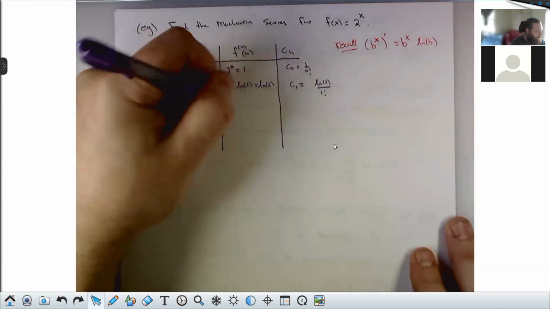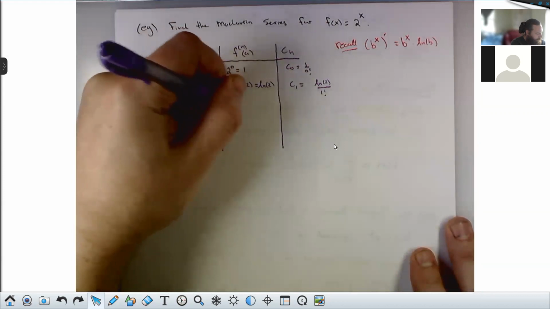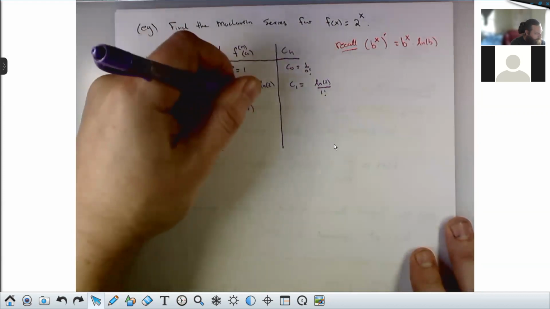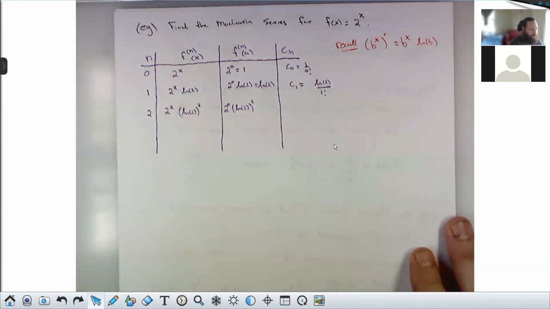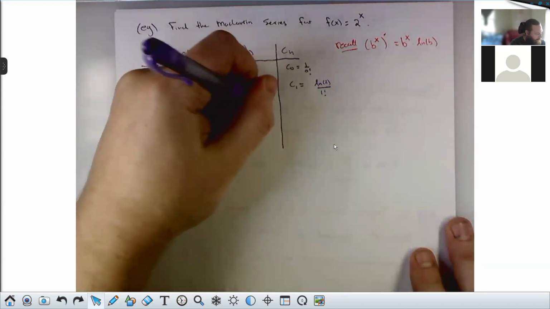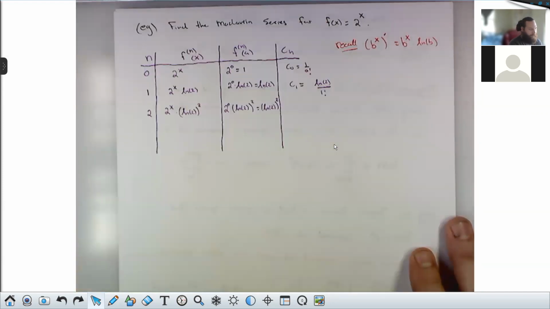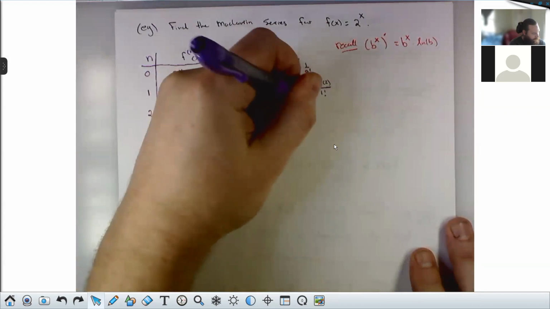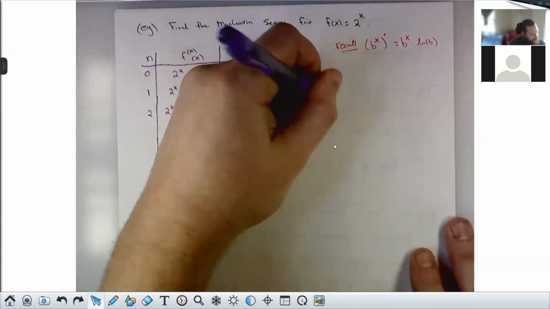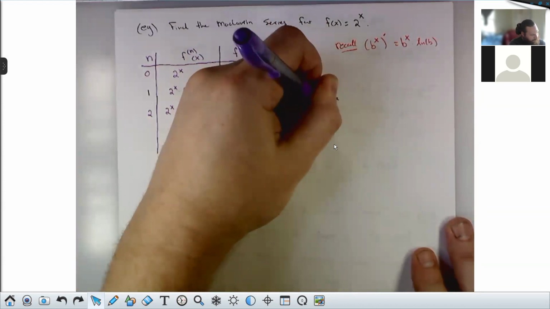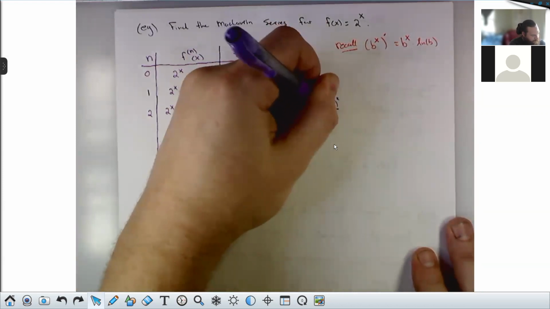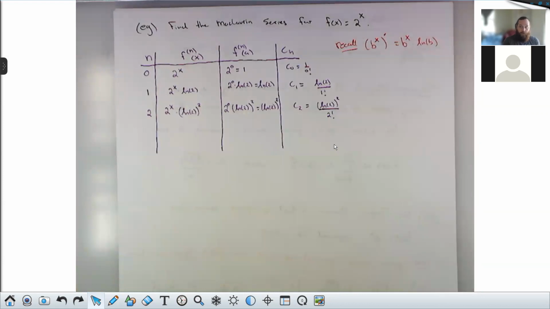And if I evaluate this at 0, I get 2 to the 0 times the natural log of 2 squared, which is just natural log of 2 squared. So C2 is the natural log of 2 squared divided by 2 factorial. Just plugging into Taylor's theorem, which says that Cn is the nth derivative of f evaluated at a divided by n factorial.